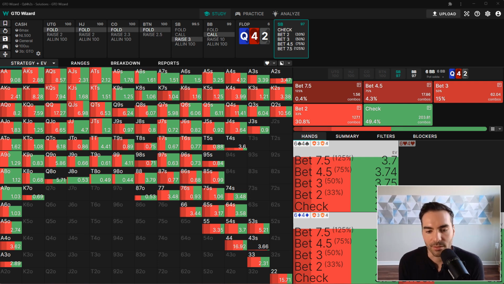Usually what they do is they overfold and they underraise because in theory, you can barely fold. You can only fold like 25% of the time, roughly, versus a 1/3 c-bet in position in this spot. And you have to raise quite a bit, maybe up to 15% of the time. And that's very counterintuitive. People typically don't do it.